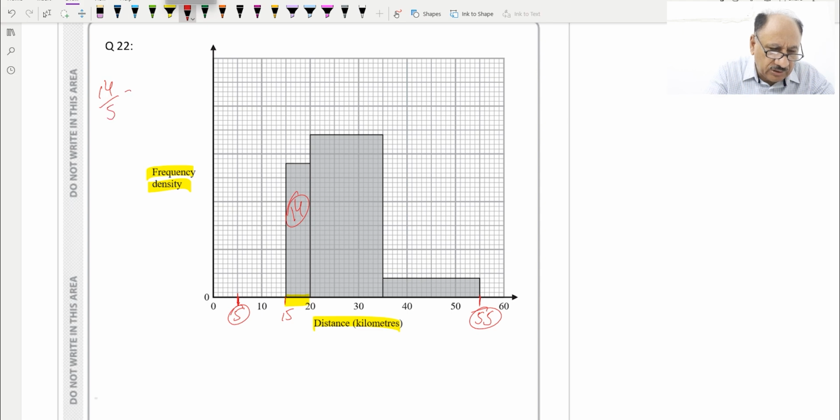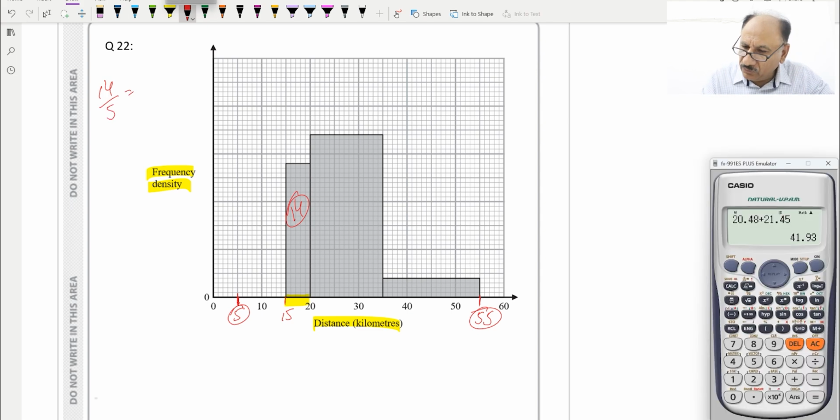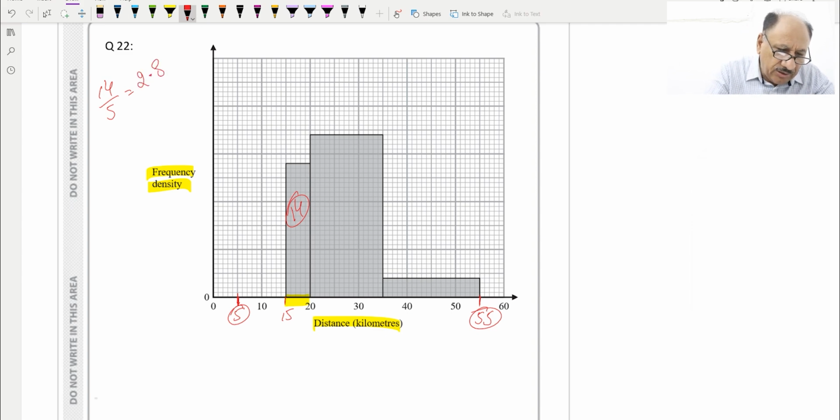So 5 is equal to 14 divided by 5. 14 divided by 5 is equal to 2.8. So height is this one. So we can take this one as 1, and this one as 2, and this will be 2.8. So height is 2.8 for this one. We have calculated over here.